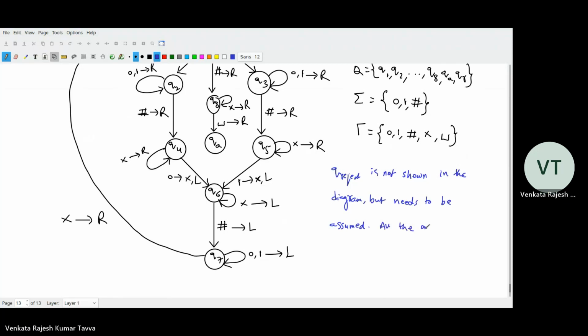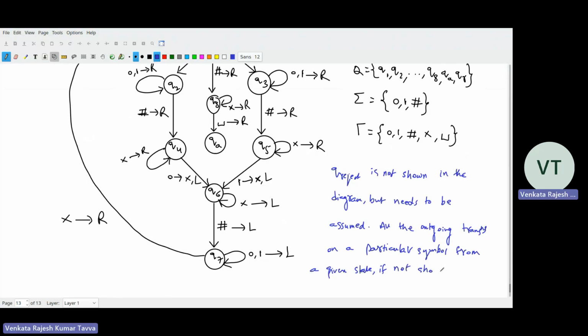All the outgoing transitions on a particular symbol from a given state, if not shown here, will be going to the reject state.